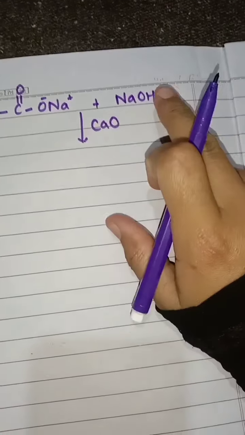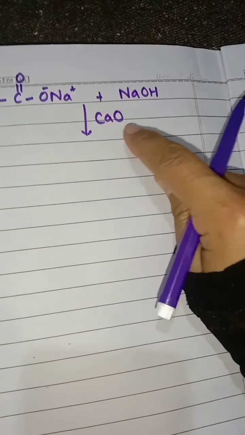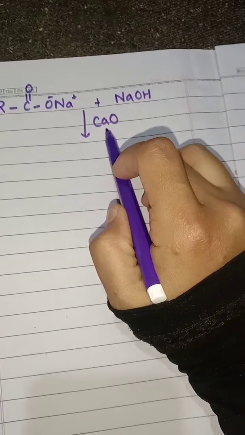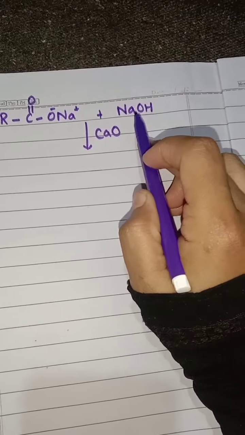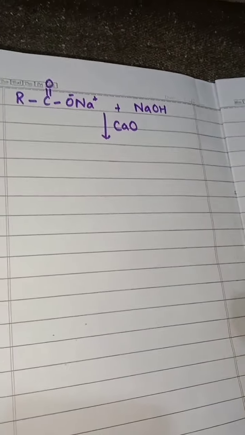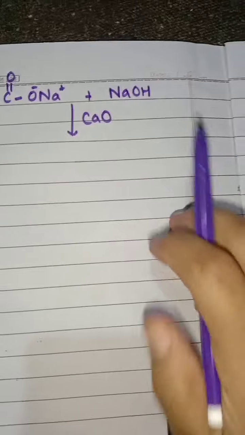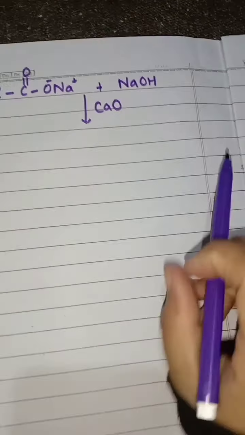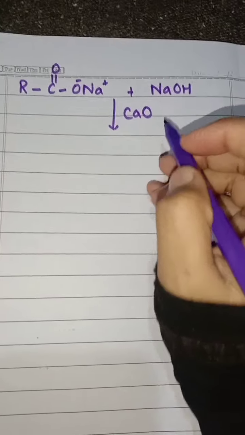Remember that sodium hydroxide and calcium oxide, quicklime and caustic soda, are both given in the form of a mixture. You can see the granular mixture; in the form of granules they are taken into the reaction mixture. So what will happen?